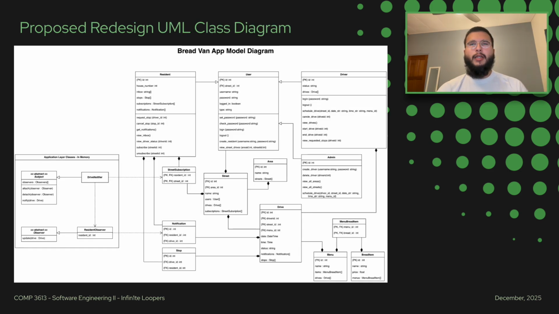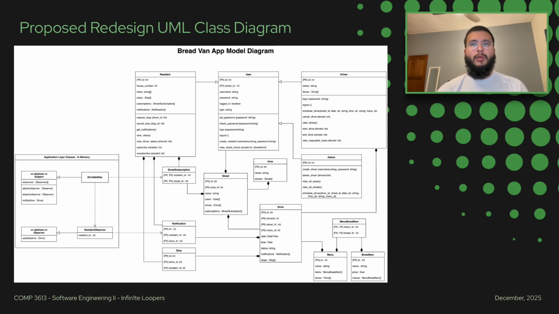Okay, so taking a look here at the updated class diagram, we can see how much better it looks compared to the original one. Since we refactored the models, it allowed for better organization and illustration of the relationships between the models. With regards to the observer pattern, we added two database models, which were street subscription and notification. And then we added some application layer classes as well to handle the notifying.